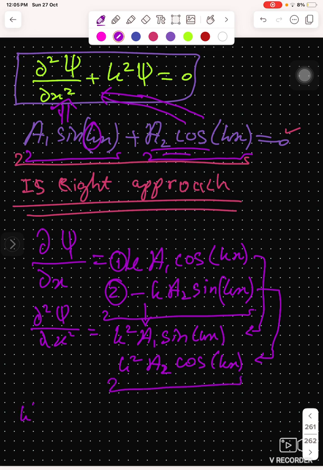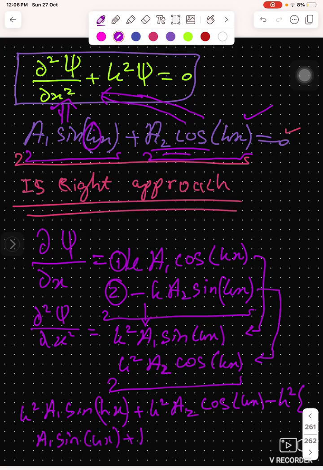If you put this whole equation in, minus k square times the original a1 sine kx plus a2 cos kx equals 0.